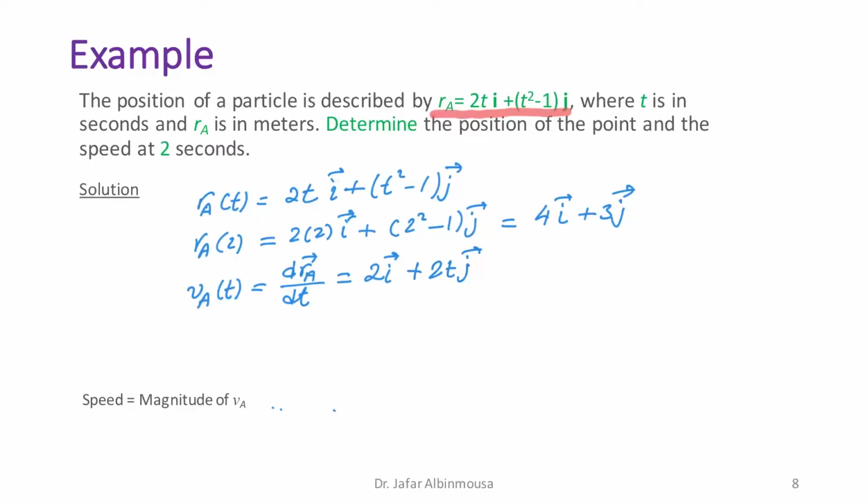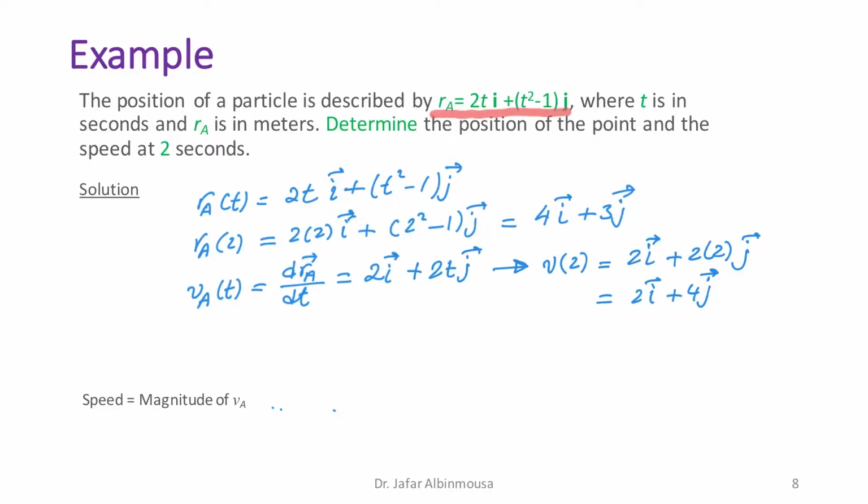And similarly, if we substitute t equals 2 seconds, then v is going to be 2i plus 2 multiplied by 2j, which gives us 2i plus 4j.